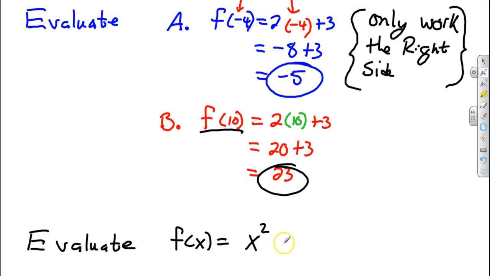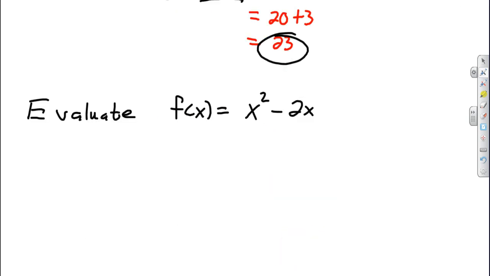let's go with x squared minus 2x. Okay, so let's say we're going to find f of negative 3 first. Okay, and then same thing.